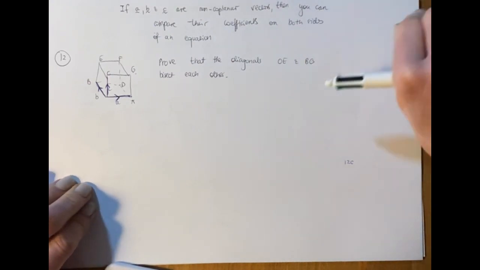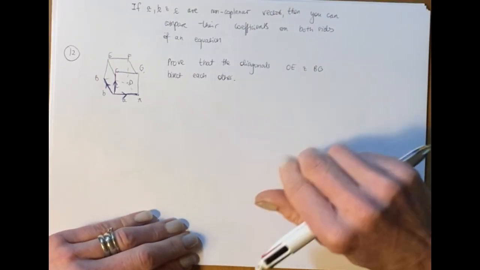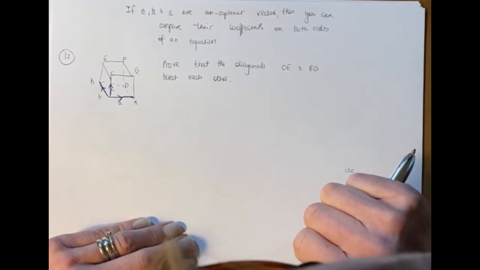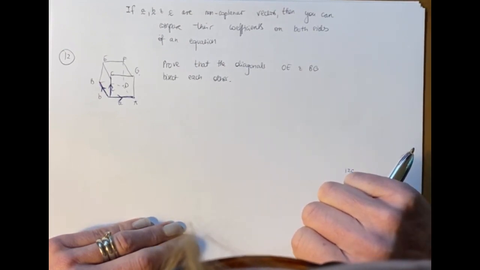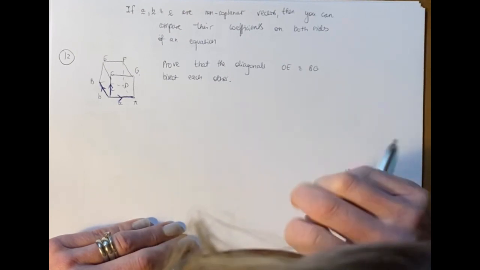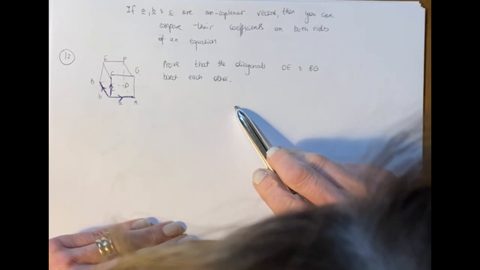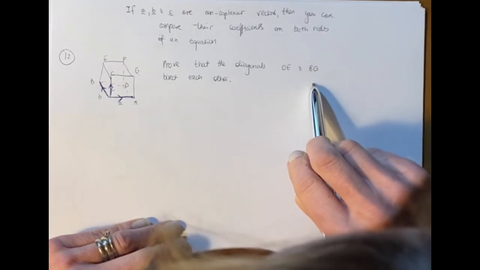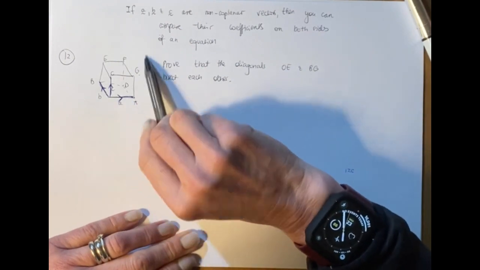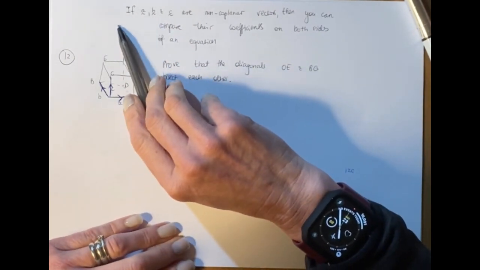Okay, the last example, here we have to prove that the diagonals of the cuboid, OE and BG, bisect each other. Remember, this is an important point to make.